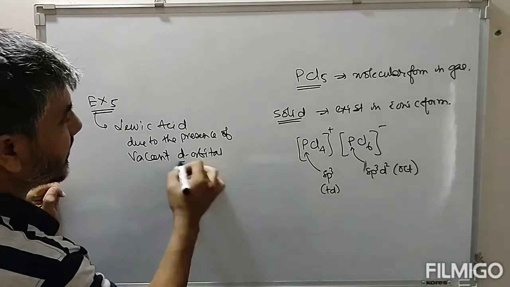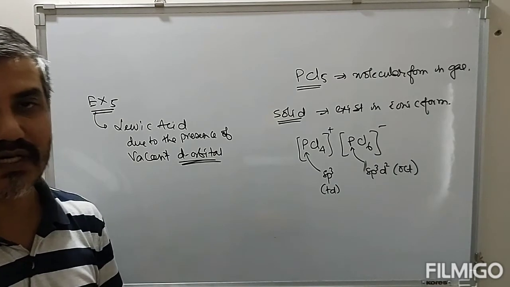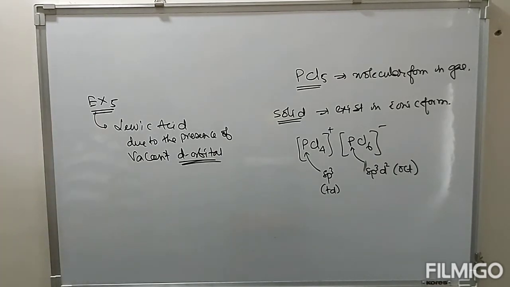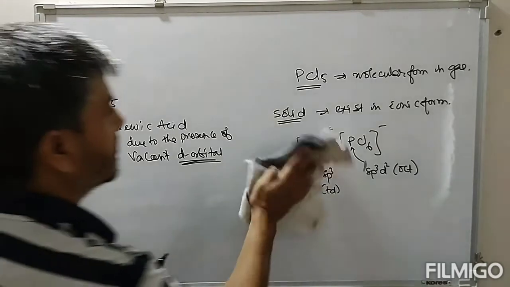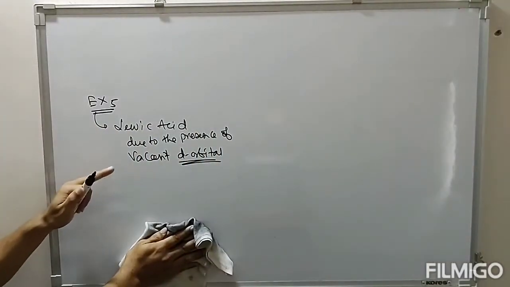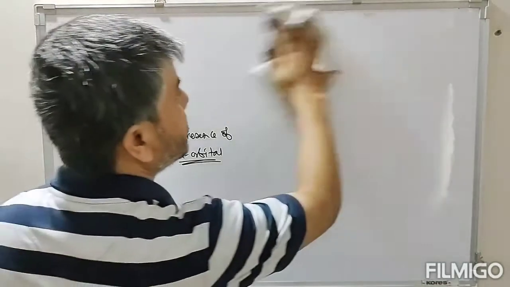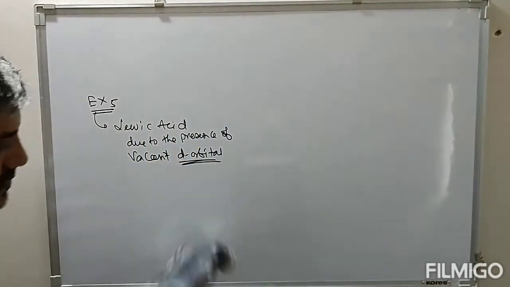So this vacant d orbital can accept an electron pair, and electron pair acceptors are known as Lewis acids. So in many organic chemical reactions, we use PCl5 as a Lewis acid. This is the reason why pentahalides are acidic, because of the presence of vacant d orbital. They show tendency to accept electrons.